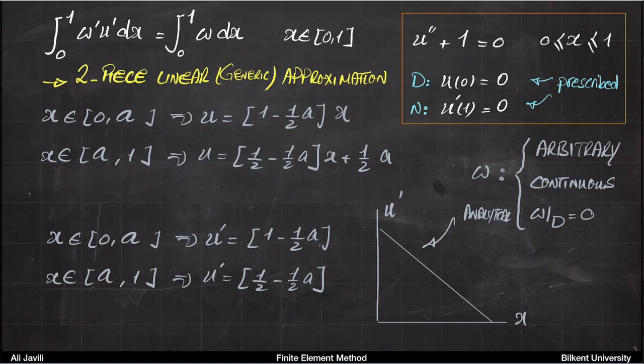If for instance a is here, then you would also have these two pieces again. You'll have that little triangle, this one. And these slopes are exactly 1 minus 1/2 of a, or the value of them basically. I'm talking about u prime, and that would be 1/2 minus 1/2 of a.